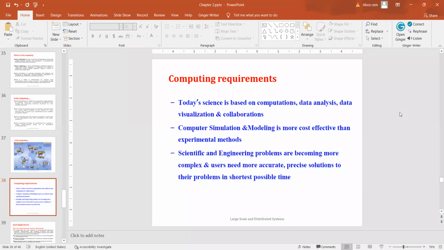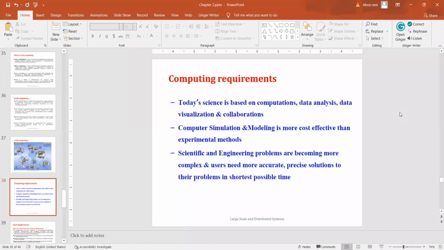Nowadays, the computing requirement is very high. The industries, scientific organizations, government, and some other institutions have very high computing requirements. Today's science is based on computations, data analysis, data visualizations, and collaborations, like scientific activities at NASA.